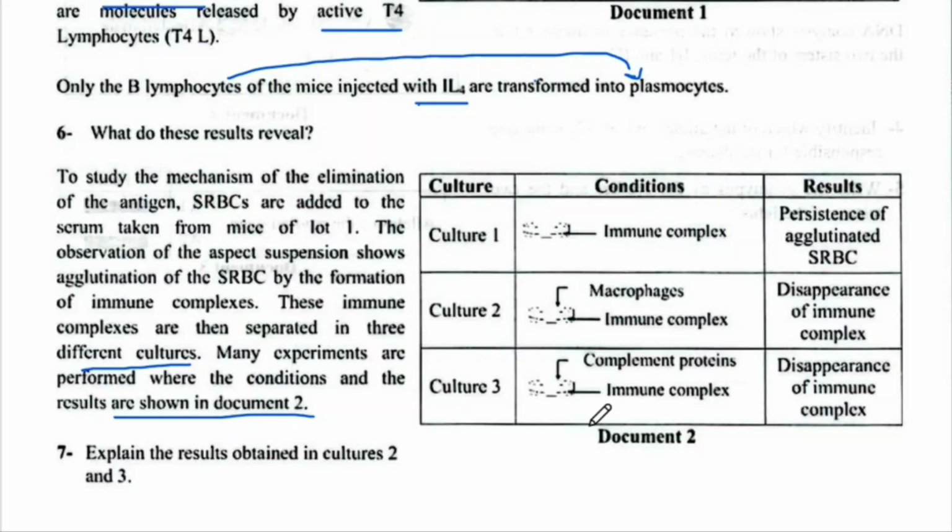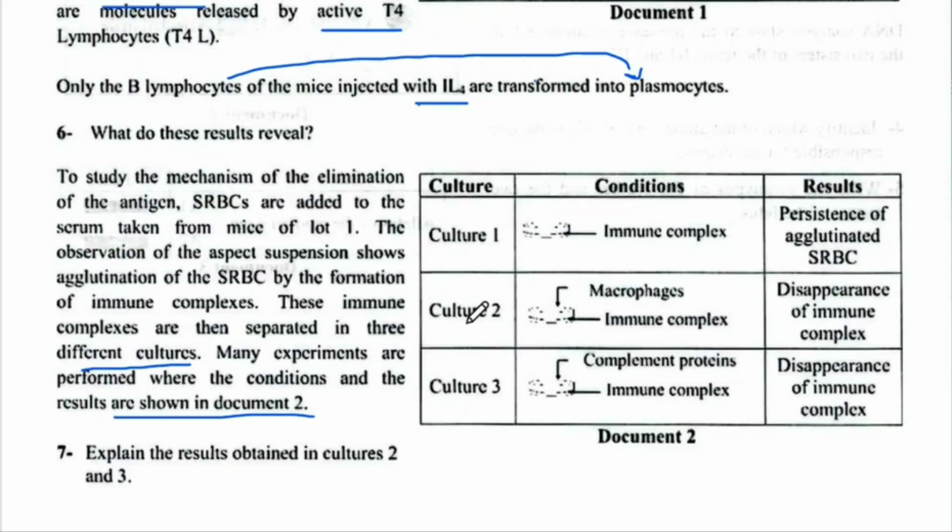So, after the plasma cells produce antibody, the antibody binds to the antigen. As a result, an immune complex is formed. For culture 1, only the immune complex is present. The result: the immune complex remains unchanged.